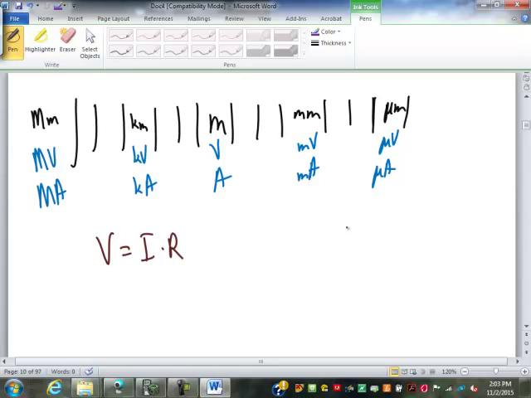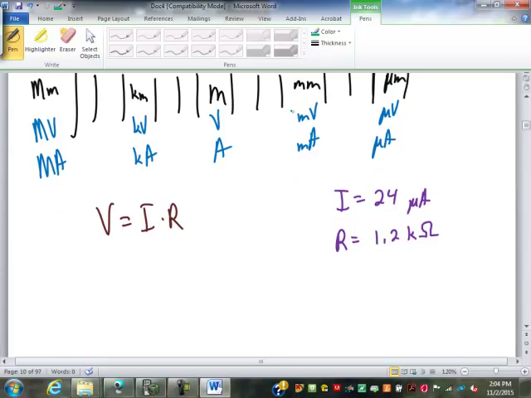let's say that we have our current is 24 microamps, and our resistance is 1.2 kiloohms. Well, when we go to do this, we can think of the main unit as being 10 to the 0.